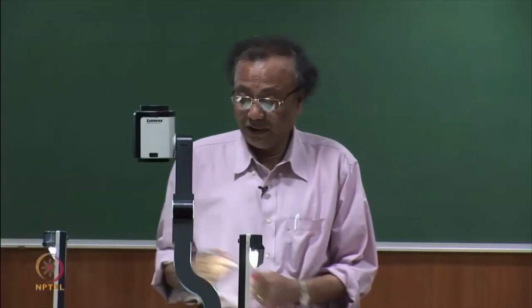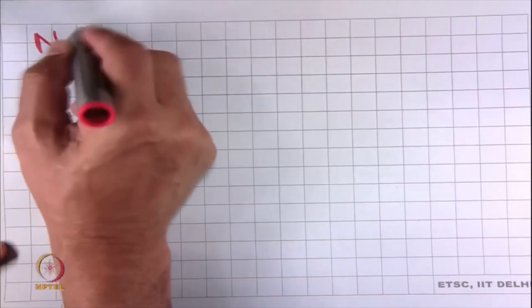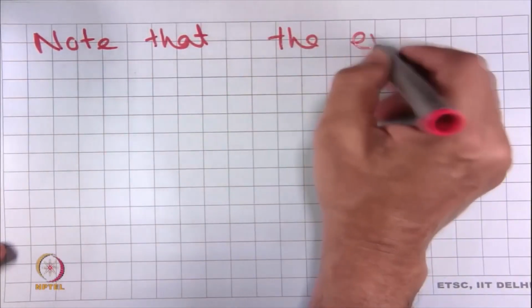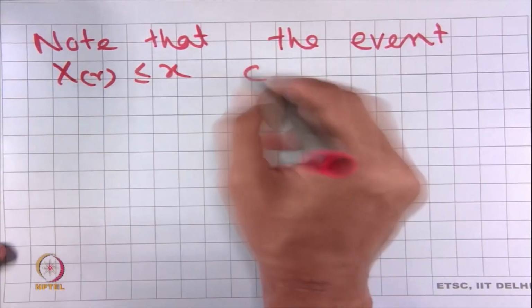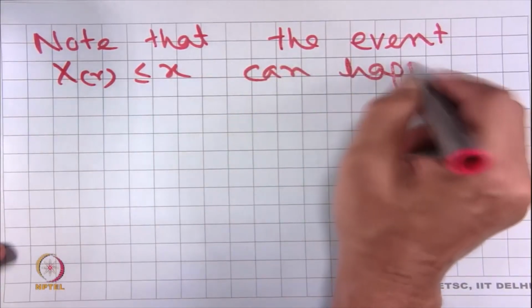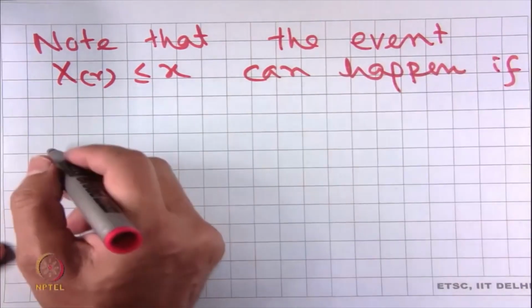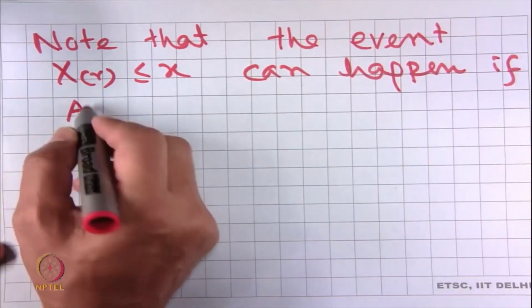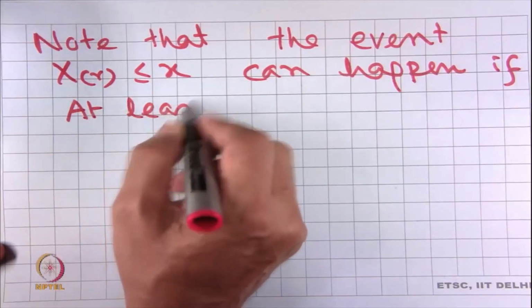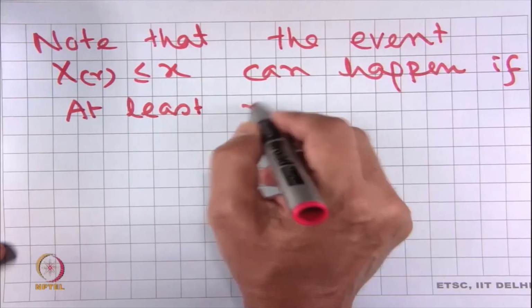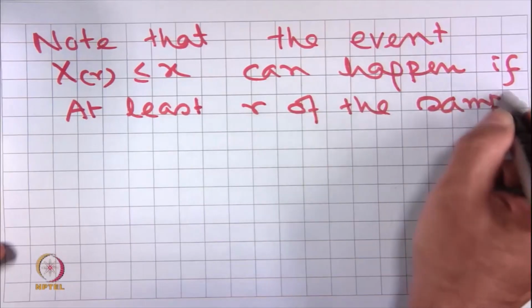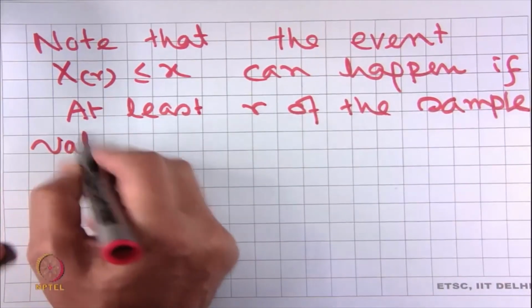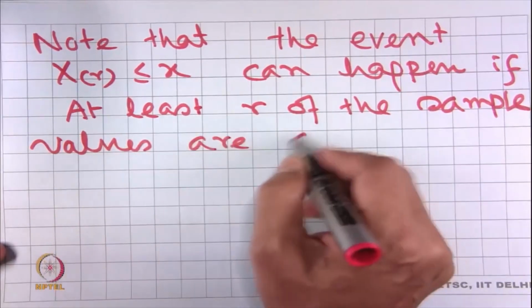Okay. Note that the event X(r) less than or equal to x can happen if at least r of the sample values are less than or equal to x.